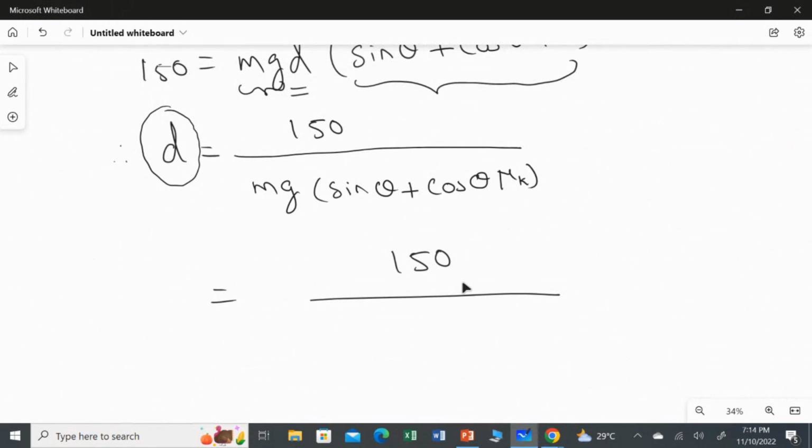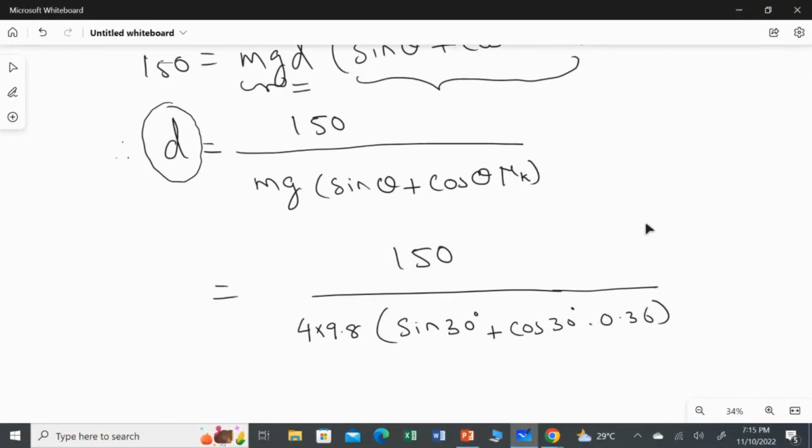So the mass of the block is 4 kilogram multiplied by 9.8, and inside the bracket sine, what is the angle? 30 degree, right? So sine 30 degree plus cosine of 30 degree multiplied by mu k value. What is the mu k value? 0.36, right? So now I have to multiply and divide.